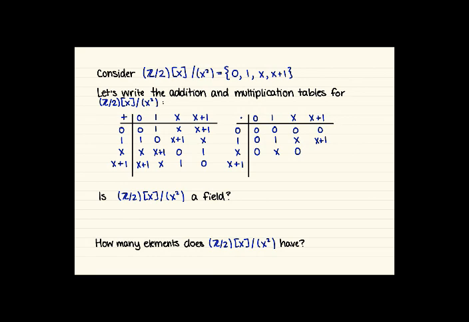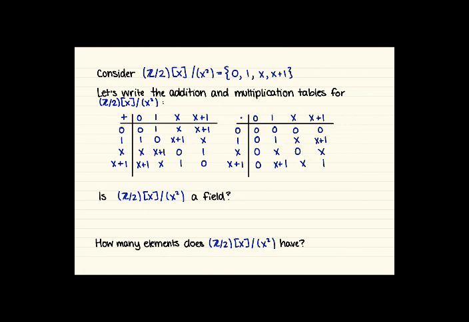And then x times x plus 1, we'd have x squared plus x, but since x squared is congruent to 0, we have x there. Then x plus 1 times 0 is 0, x plus 1 times 1 is x plus 1, x plus 1 times x is x, and x plus 1 times x plus 1, we'd have x squared plus 2x plus 1, which is congruent to 1 in this ring.